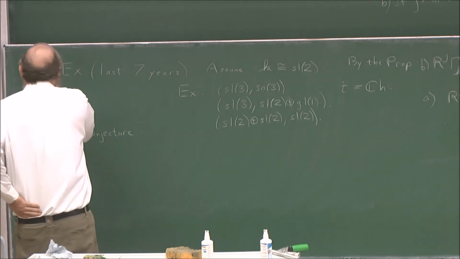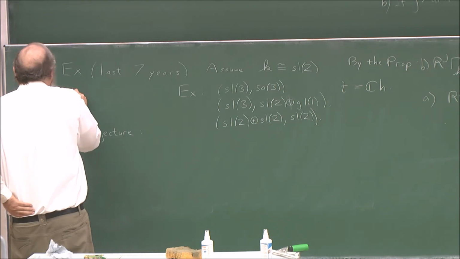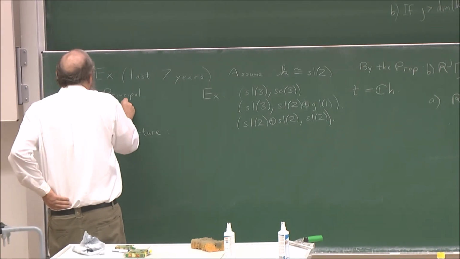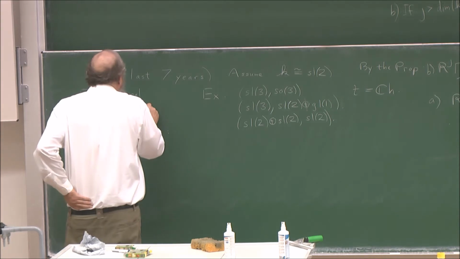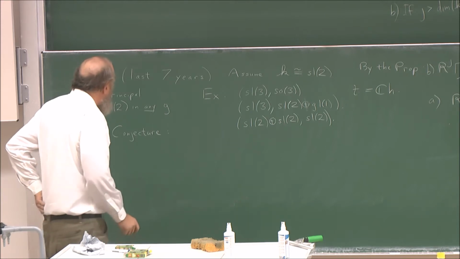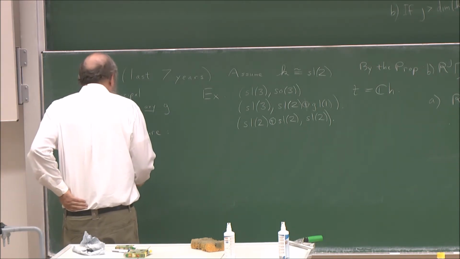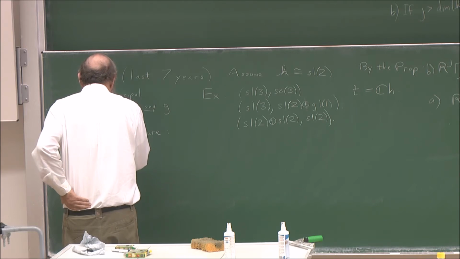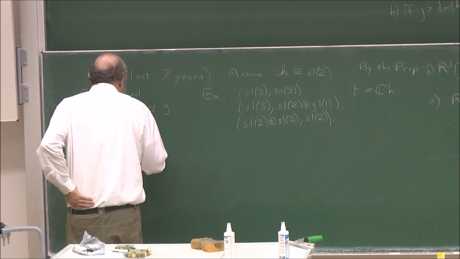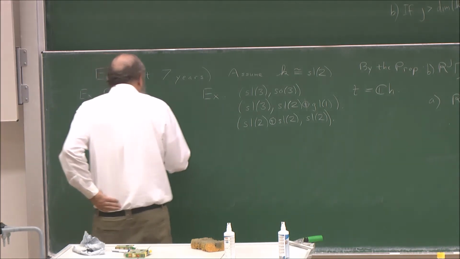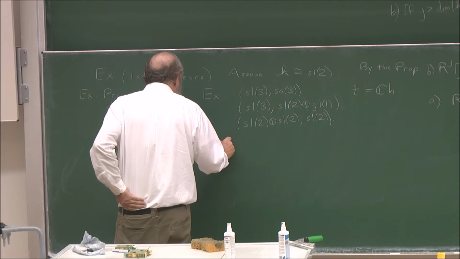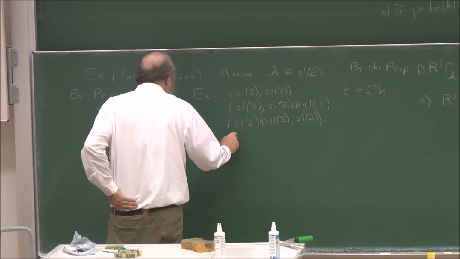So I could also consider the principal SL2 and G. So the conjecture is, for a computable constant n in natural numbers.